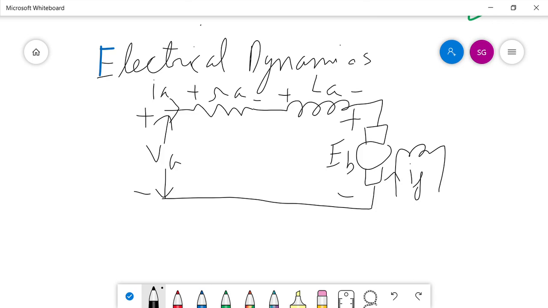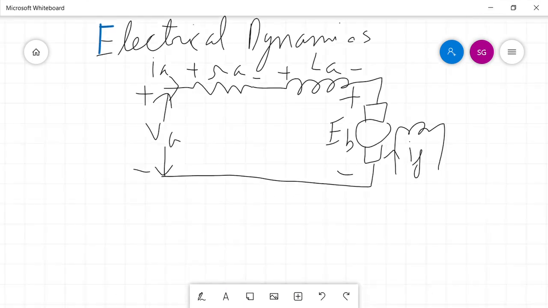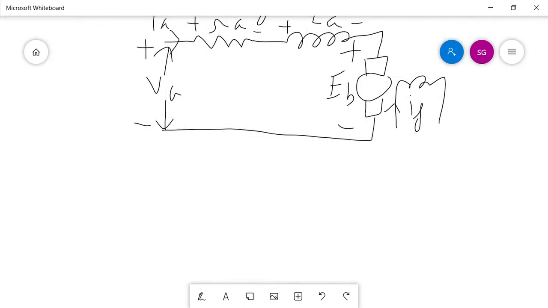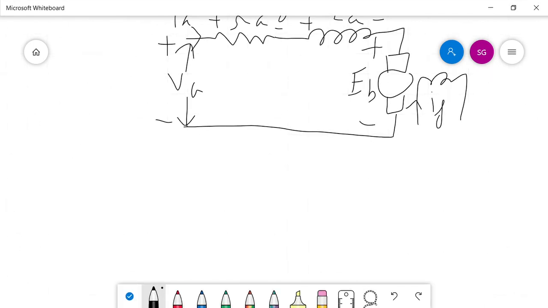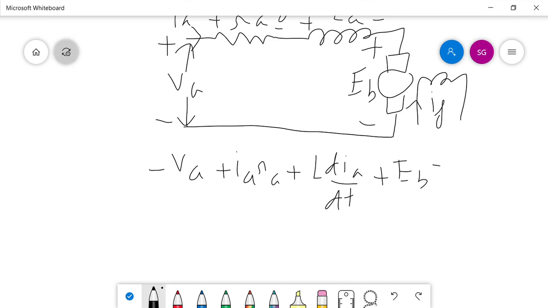So if we write the KVL equation for this, we can write minus VA plus IA RA plus L dIA by dt plus EB is equal to 0.